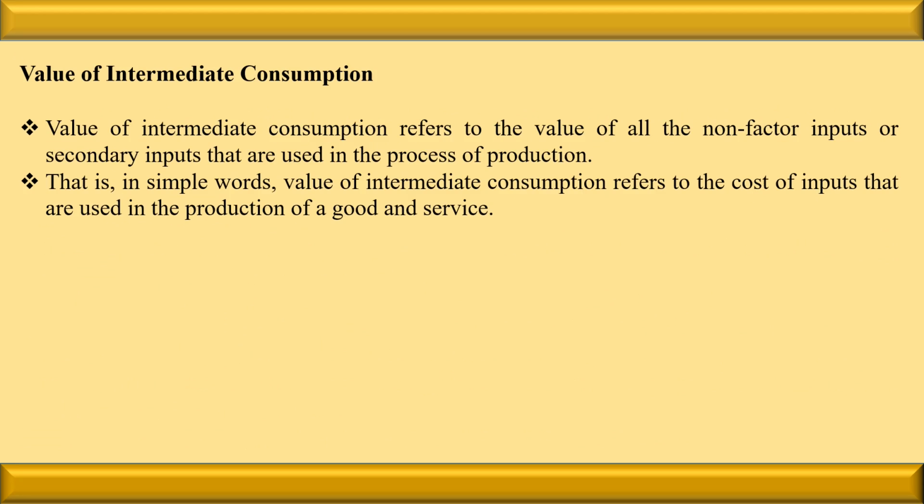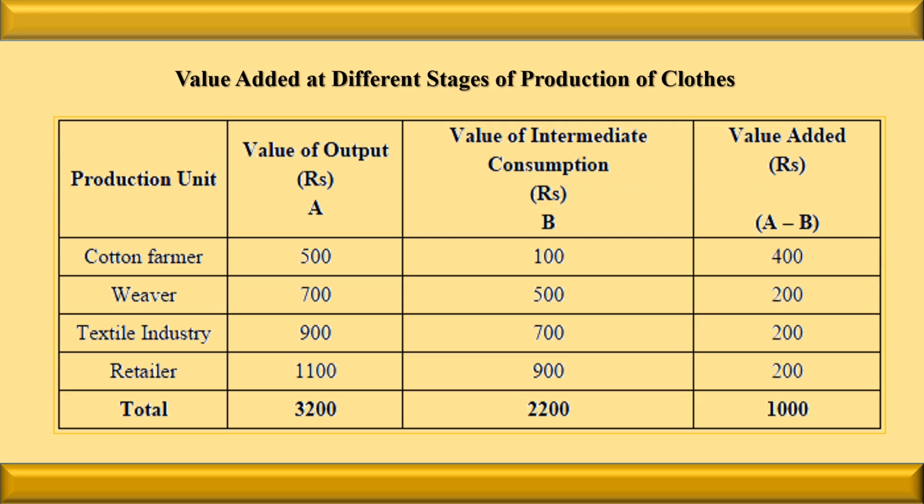Now let us see the second component, that is intermediate consumption. The value of the intermediate consumption refers to the value of all the non-factor inputs or secondary inputs that are used in the production process. Try to understand it through this table. We presume that in the economy, there are four production units: cotton fiber farmers, weavers, textile industry, retailers.